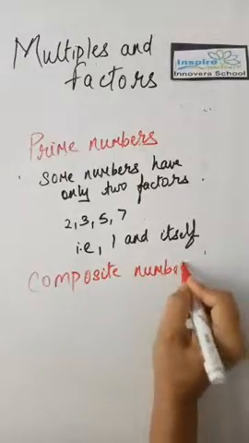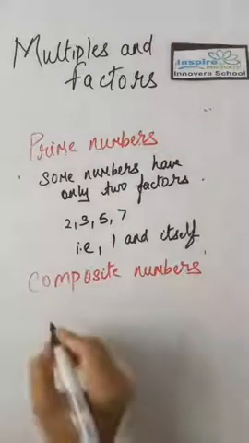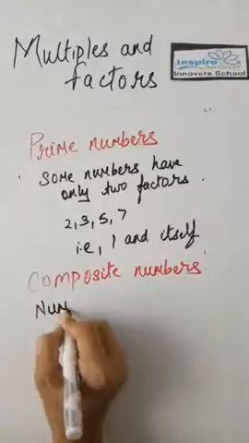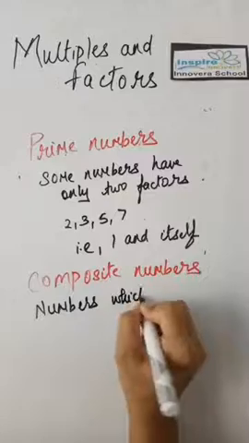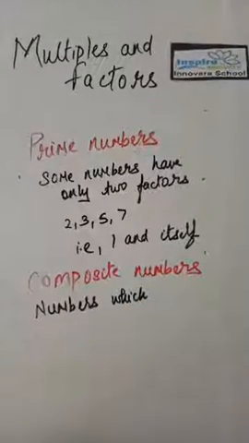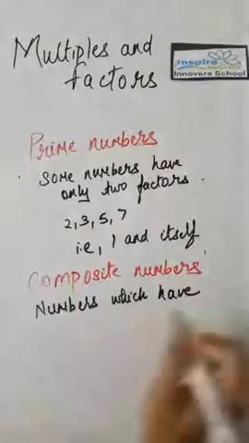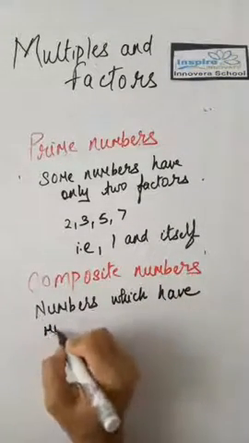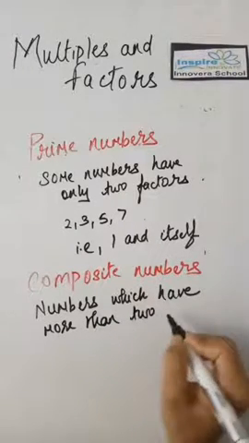Composite numbers are the numbers which have more than 2 factors.